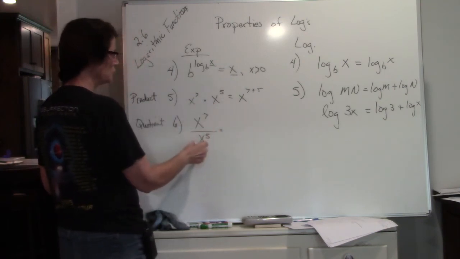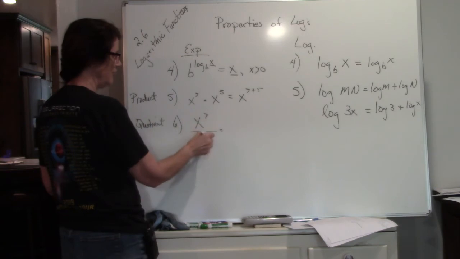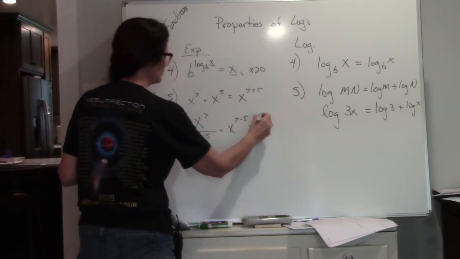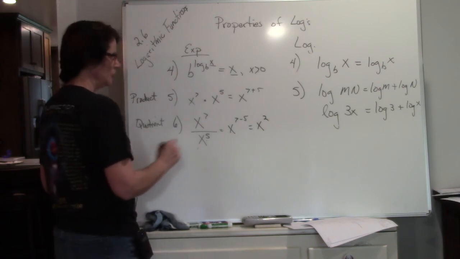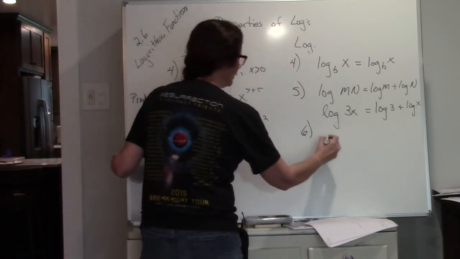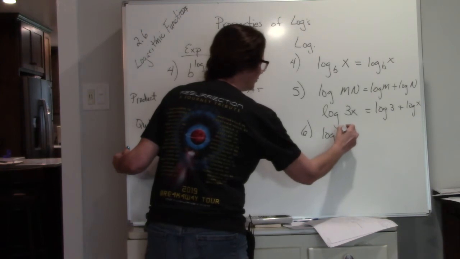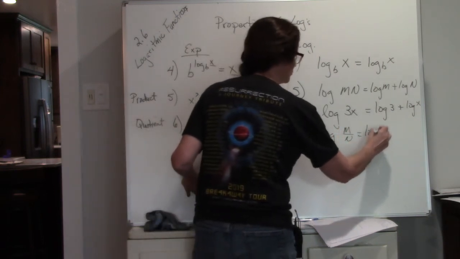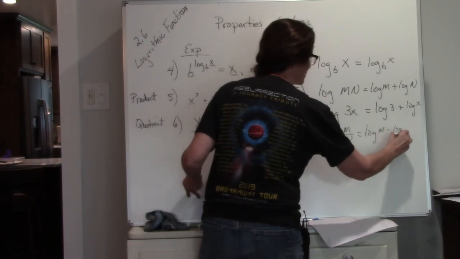So this is the quotient rule that says if I divide, I'm going to subtract my exponents. Okay, so same thing with a log. If I have a log and I'm dividing two things, I'm actually going to subtract the two things.